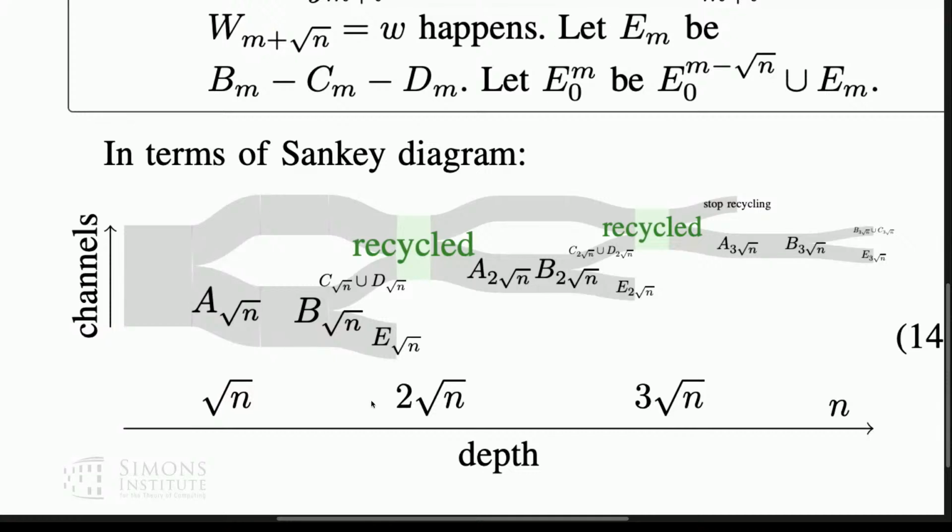These channels went down to the second forbidden zone, not the first one, and once they enter it, you have another chance to apply the Hoeffding inequality. Channels that fail get recycled again, and you repeat this process for about root n steps.